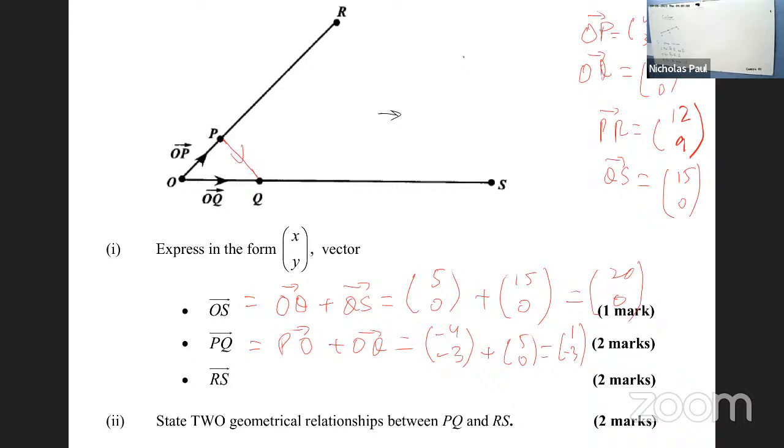Now RS. I'm going to align RS there. If you're looking lost, I'm picking on the line. How are we going to get RS?